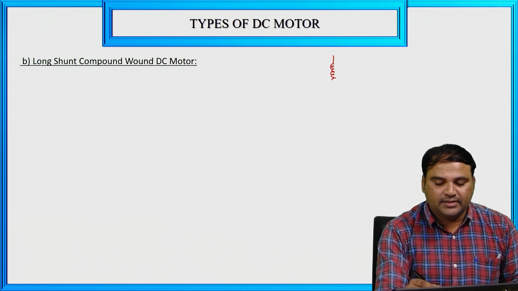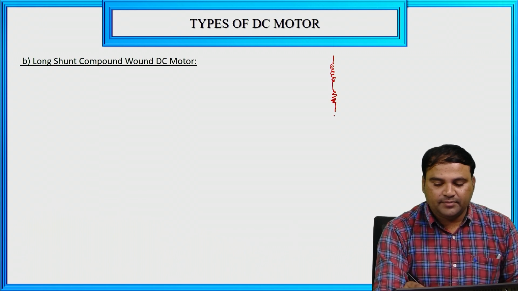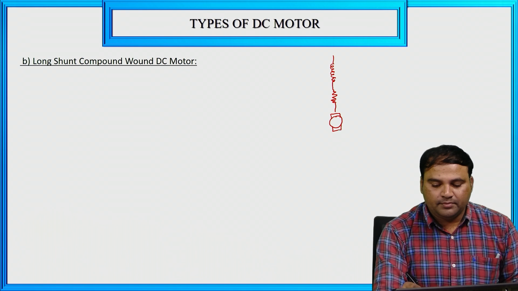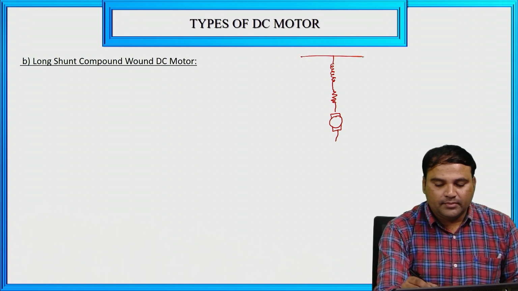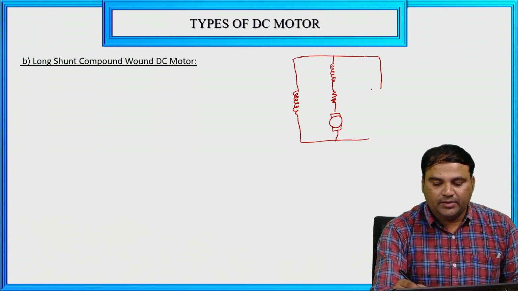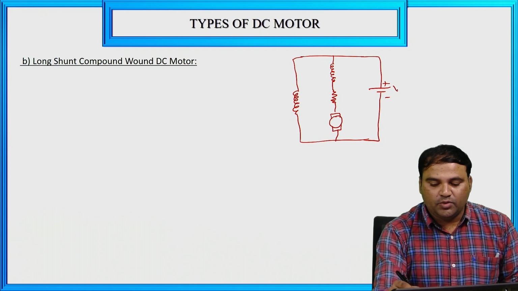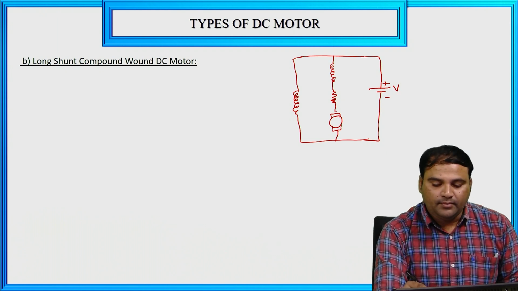Series field winding, armature resistance, having the motor. So here shunt field winding, it is connected to DC supply, plus minus voltage is V, and this is motor.